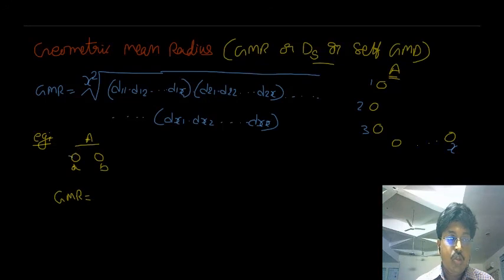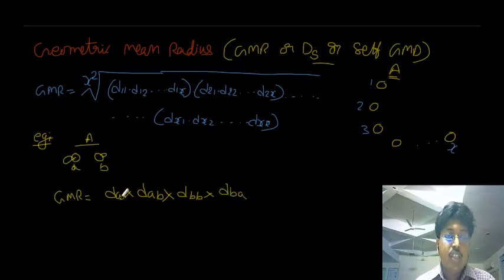First A to A, the self distance DAA, and next DAB, the distance between A and B, into the distance between B and B, and the distance between B and A.